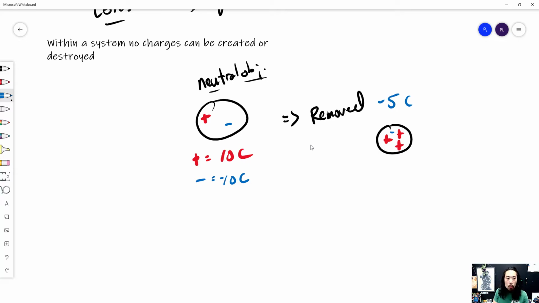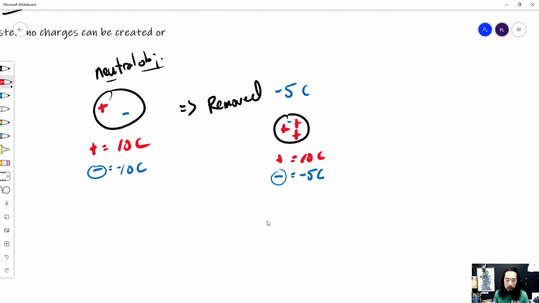And what we can say here is that the negative charges, remember we took away -5 charges, so instead of having a total of -10 coulombs, we have a total of -5 coulombs of the negative charge. And draw a little circle around that. But we didn't touch the positive charges, so we still have 10 coulombs of the positive charges. So overall, this object is 10 plus -5. Overall, this object is positively charged.